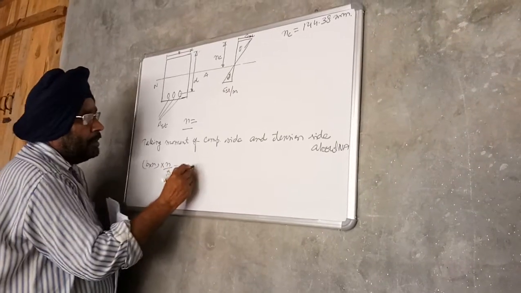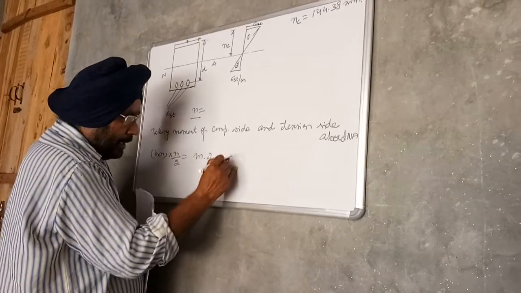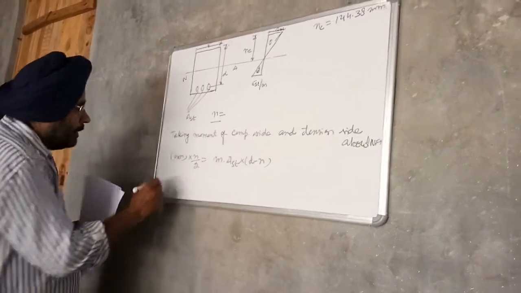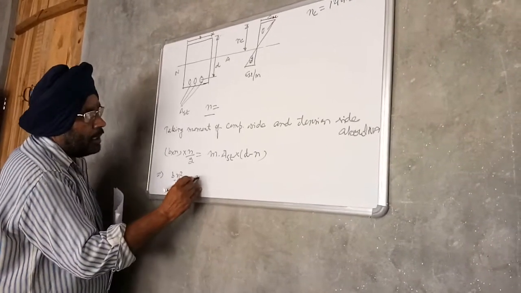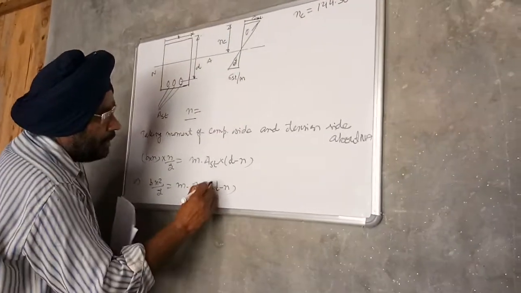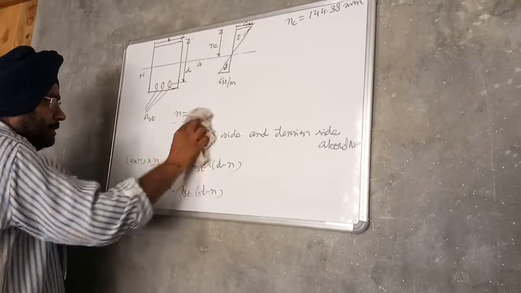So m into Ast, this is the equivalent area of the concrete, and this is at a distance of d minus n. So putting, this is equal to b n square by 2 equals m into Ast into d minus n.